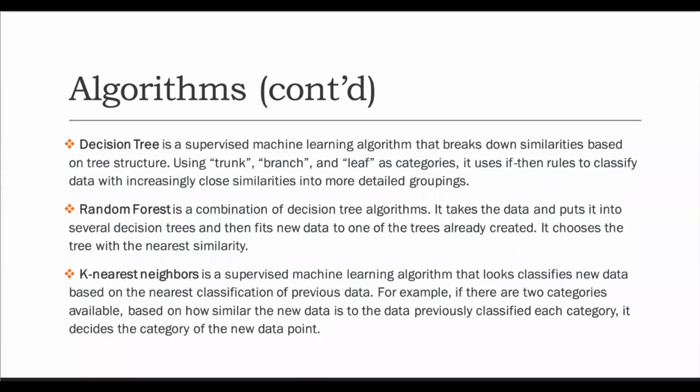Oh, goodness gracious. Now we've got some forestry going on here. All right. Decision trees. So let's say that you have an all-encompassing group, and that all-encompassing group is law.